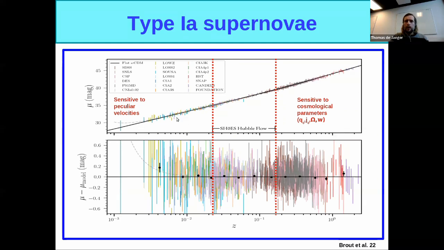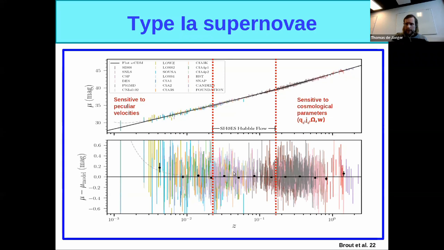You cannot use the whole Hubble diagram to measure H0, because at low redshift you are affected by peculiar velocities. You can see here the large error bars in distance modulus. At higher redshift, you start to be sensitive to the cosmological parameters. So you only use the part of the diagram between 0.01 in redshift and up to 0.15 or 0.2, depending, because you can see that the error bars are much smaller.